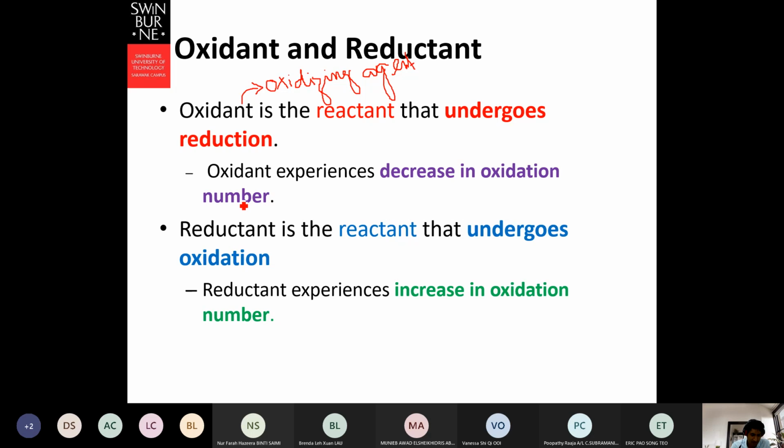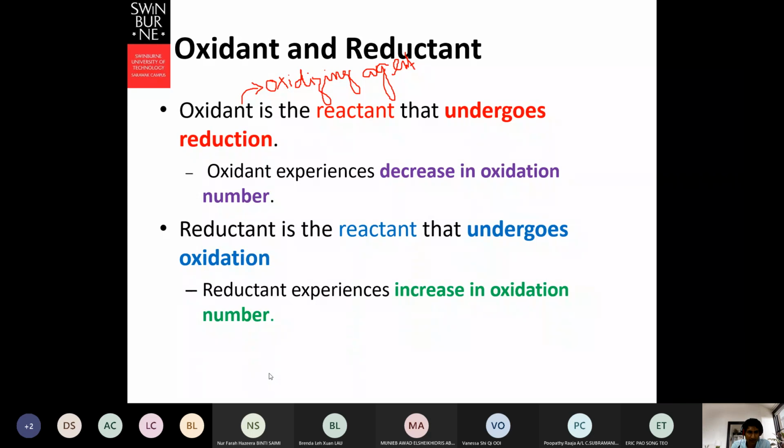Does it make you a little bit uncomfortable now? Oxidant is the reactant that undergoes reduction. So when an oxidation reaction is going on, a reductant is there so that the oxidation is going on.